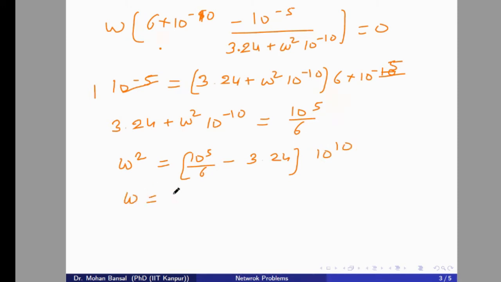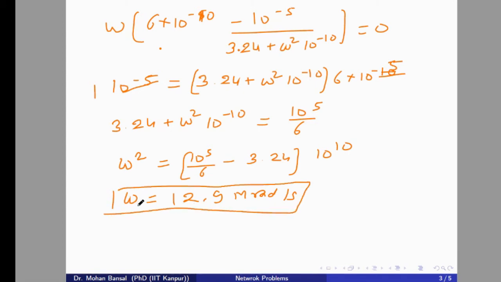So omega will be equal to 12.9 mega radian per second. This is the frequency in radian per second, which is nothing but omega r, because at this frequency the imaginary value of the admittance will be 0. In hertz, it will be omega r divided by 2 pi, and we are getting 2.05 megahertz.